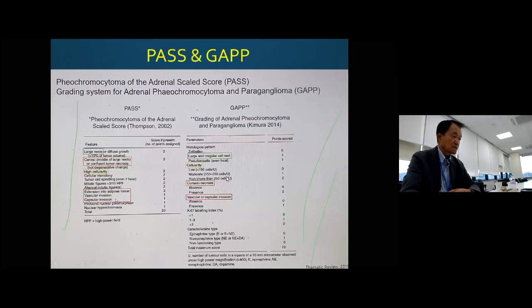Yes. So it's a recent order recommendation. Shows some grading, cellularity, all this by pathologists and correlating with the proliferation index.